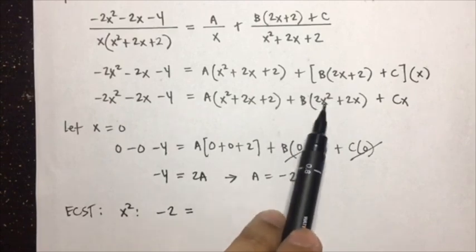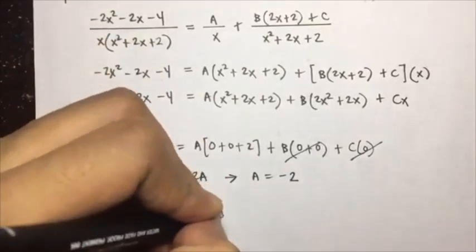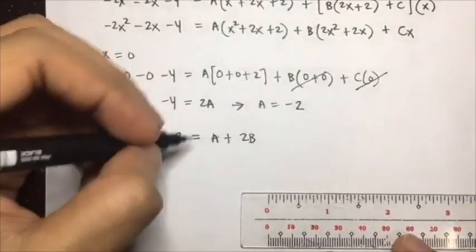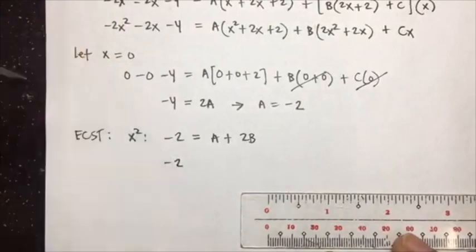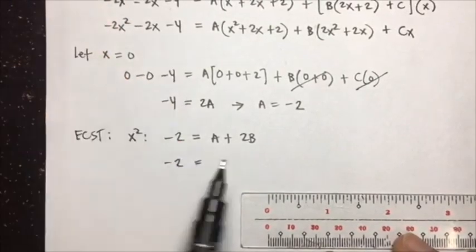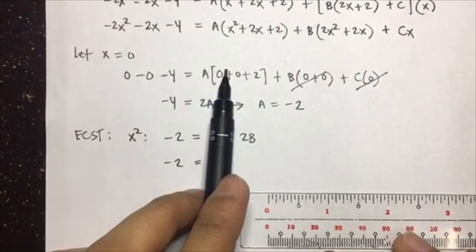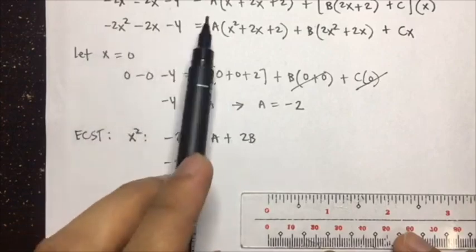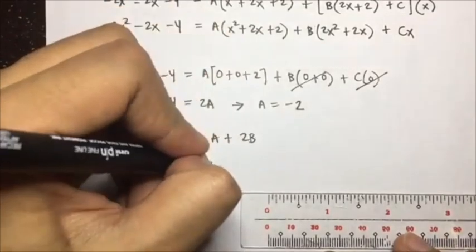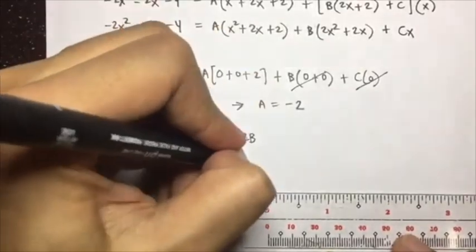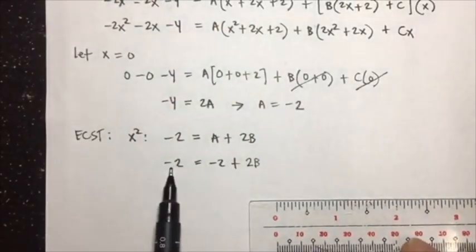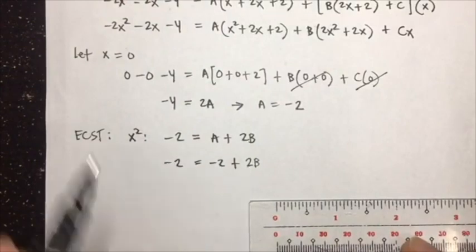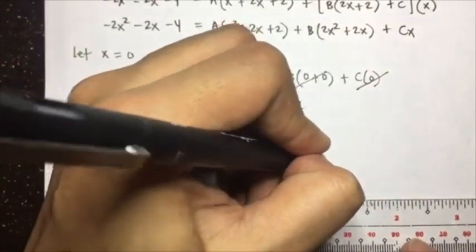So therefore, the coefficient of x squared is 2b. So a plus 2b. Since we know that a is equal to negative 2, then negative 2 is equal to negative 2 plus 2b. If we transpose negative 2 to the other side, it will become 0. So 2b is equal to 0, therefore b is equal to 0.